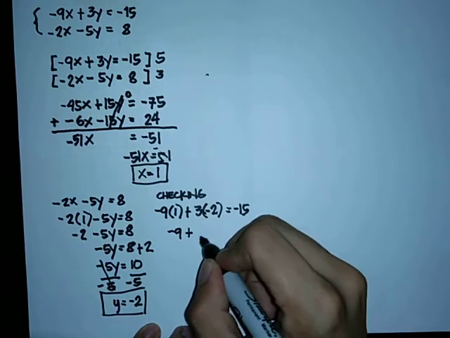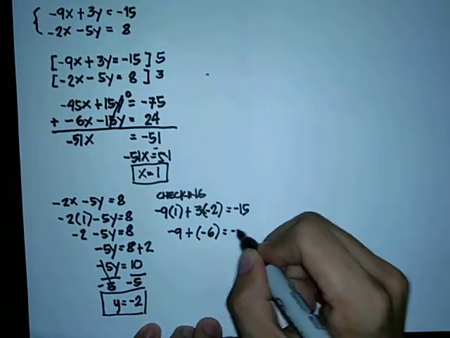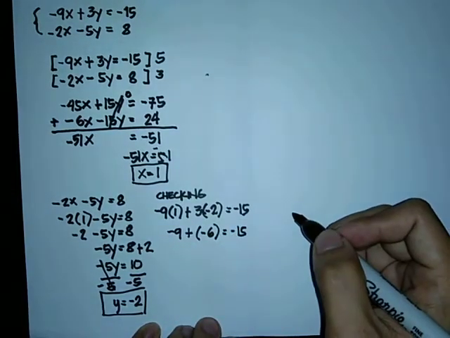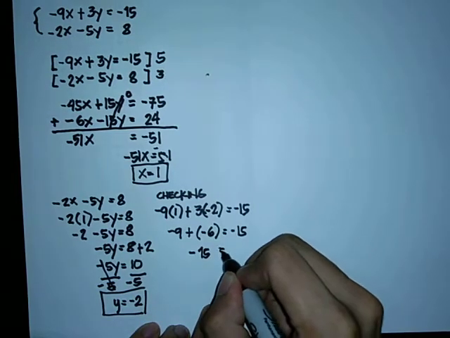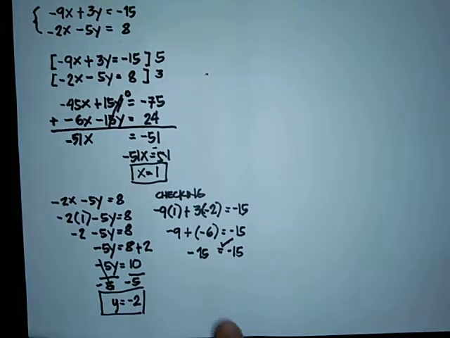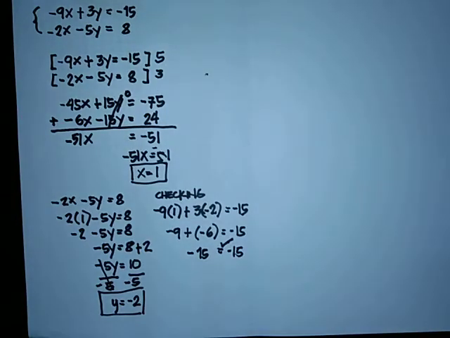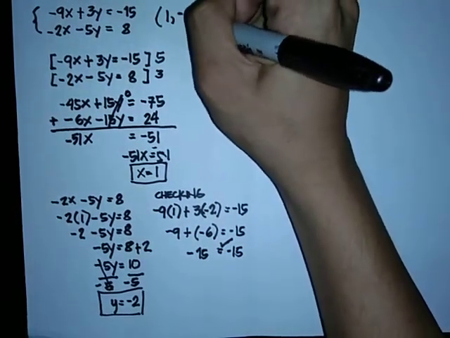Plus 3 times negative 2, we have negative 6. That is equal to negative 15. So negative 9 plus negative 6 is equal to negative 15, is equal to negative 15. So they are equal. So ibig sabihin our solution set for our given example is 1 and negative 2.